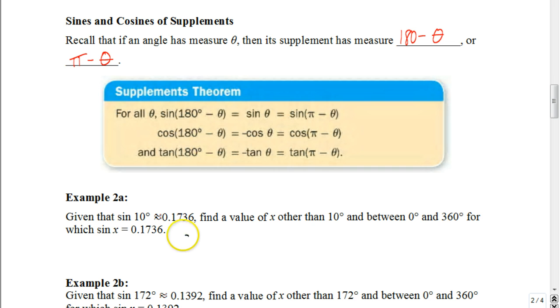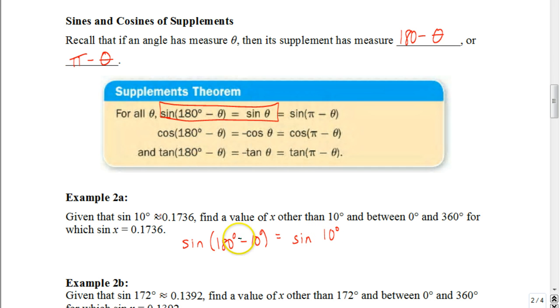So we would say that the sine of 180 minus 10 is equal to, using our supplements theorem, the sine of the angle, so it's equal to the sine of 10 degrees.